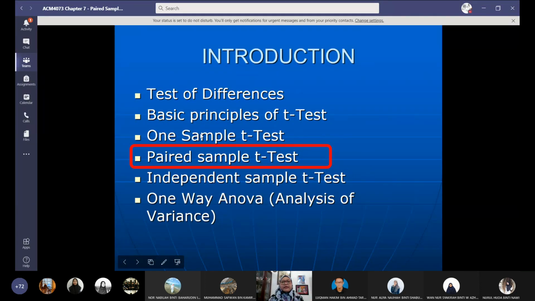I would like to remind you, this one sample t-test, paired sample t-test, and independent sample t-test involve two variables. The first variable, which is the independent variable, must consist of two answers, which is nominal with two answers.